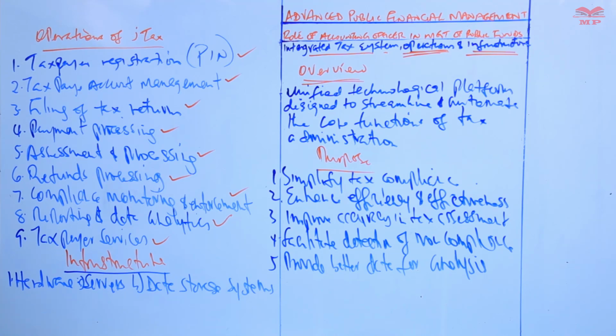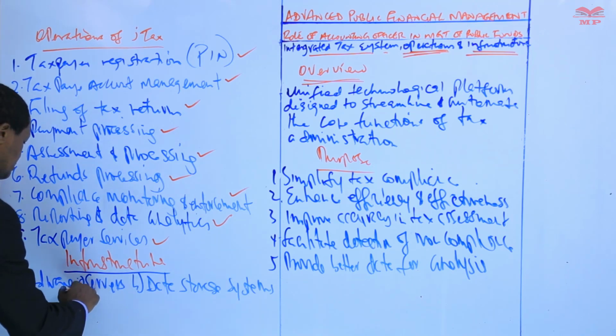So the second category of infrastructure is data storage systems, and this should be secure and scalable storage solutions for housing taxpayer data, returns, payment records, and other relevant information.